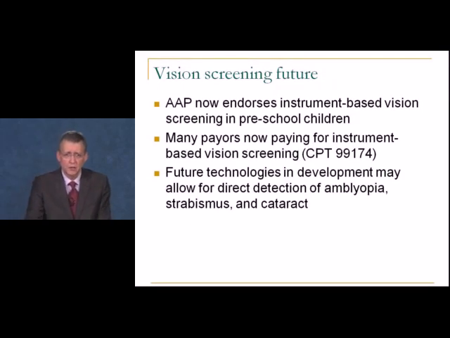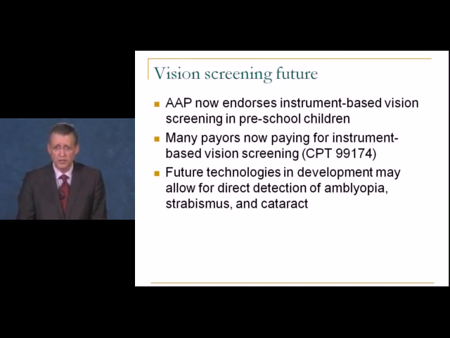But the instrument base is good enough that the AAP now has an official endorsement of instrument-based vision screening, and furthermore, many payers are now paying for instrument-based vision screening with the 99174 code, and so it's now feasible to be doing this testing and getting paid to spend the extra time to have the resources to get the testing done.